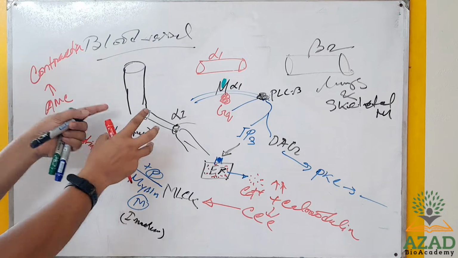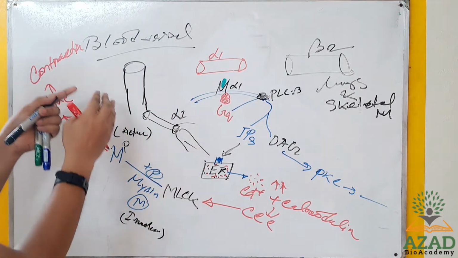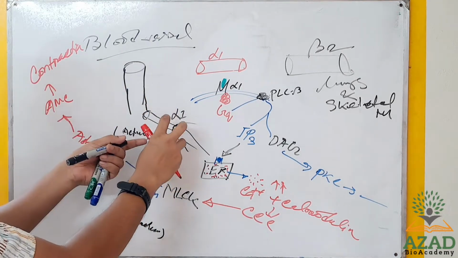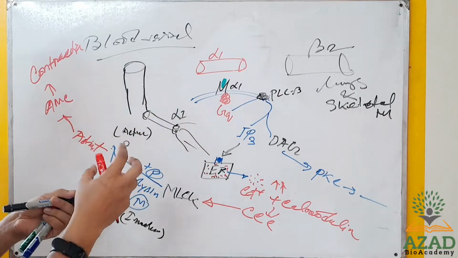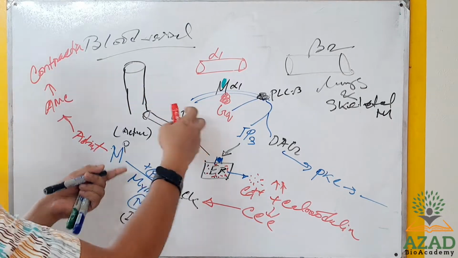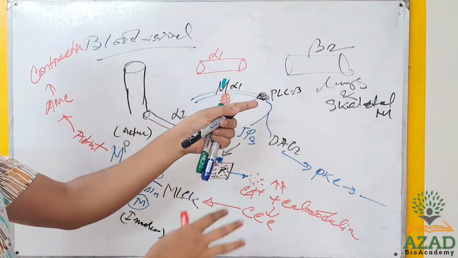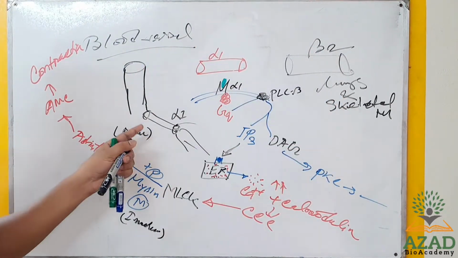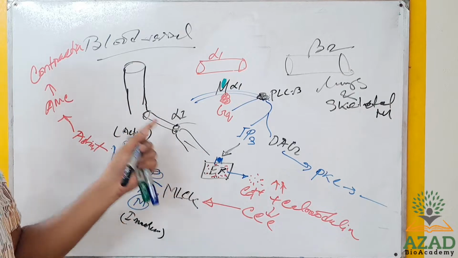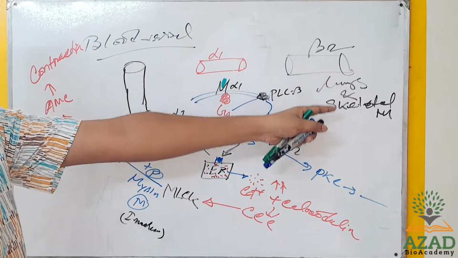When blood vessel will contract, then peripheral resistance will increase and blood flow will decrease, and that blood flow will go to that area. It will facilitate to flow more blood to that area where it is very much necessary.